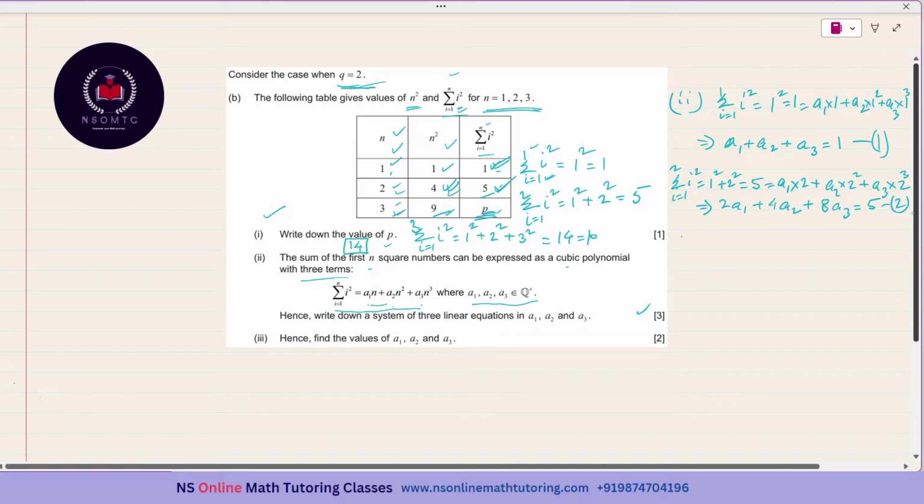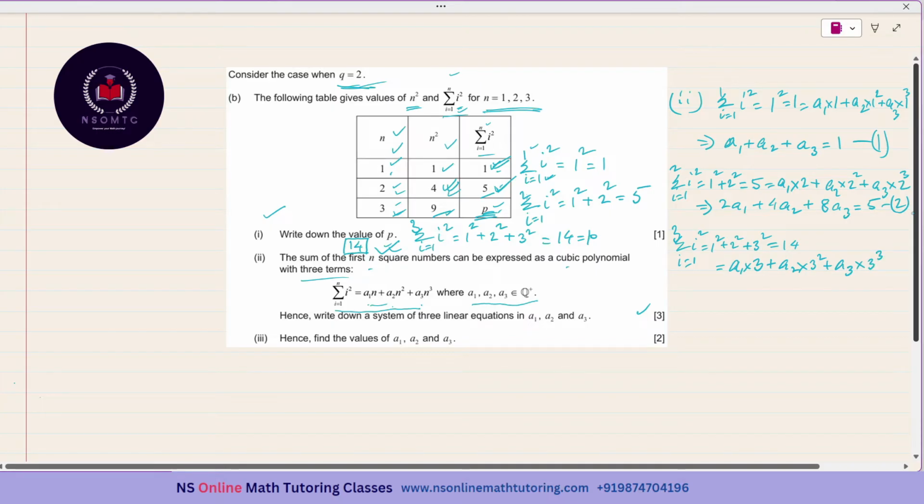And the third one is when n is equal to 3. So this is 1 square plus 2 square plus 3 square, which was equal to 14. So this is equal to 14, is equal to a1 times n equal to 3, times 3, plus a2 times 3 square plus a3 times 3 cube.